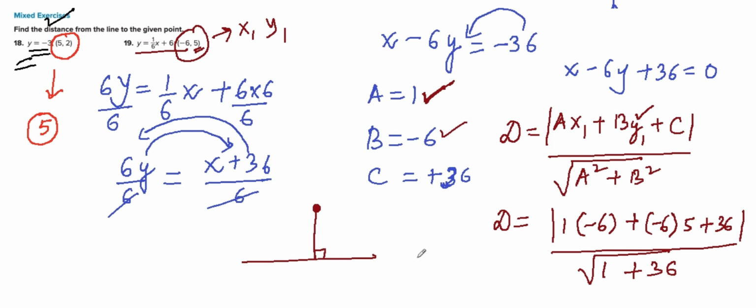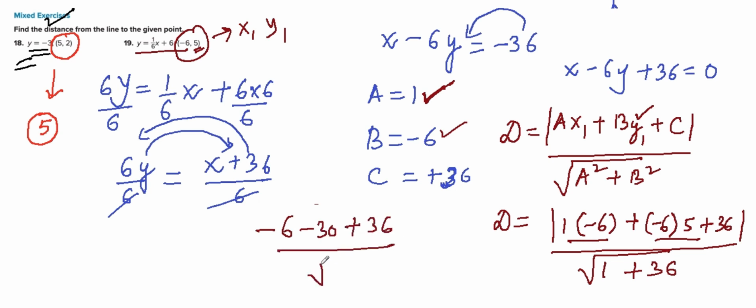So we just need to do the calculations, nothing else. So this will be minus 6 minus 30 plus 36, over root 37.